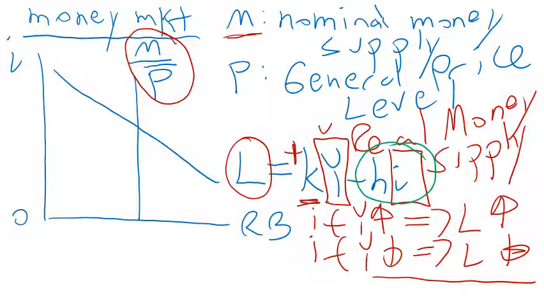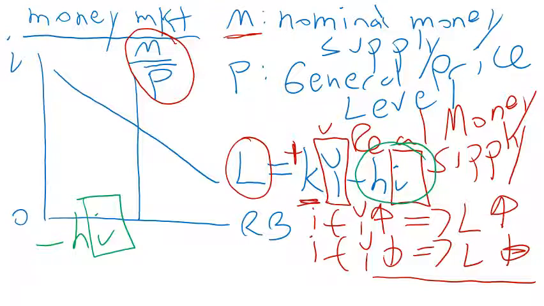This part here, this negative HI. Well, already you know that I is the interest rate. And the question is, what is H? Well, H is another coefficient which links the interest rate to money demand.